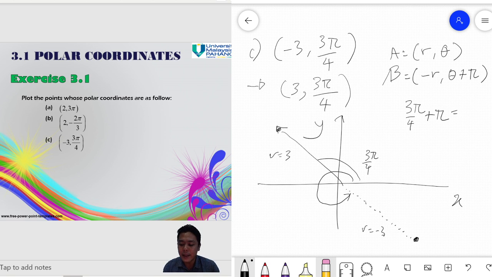It will be 7 pi over 4. Now you already have the actual polar coordinate of the point here. Draw again, and label the degree there.